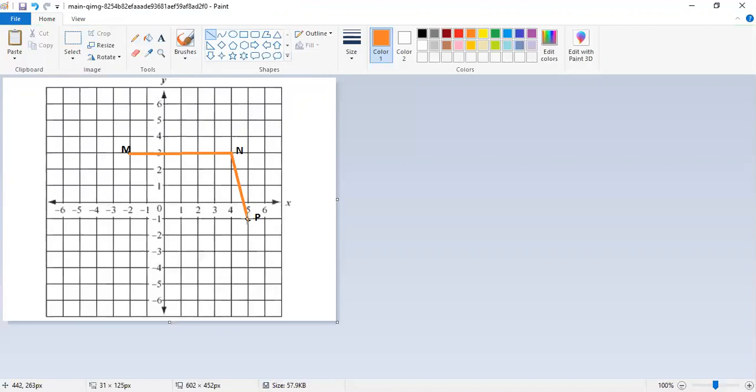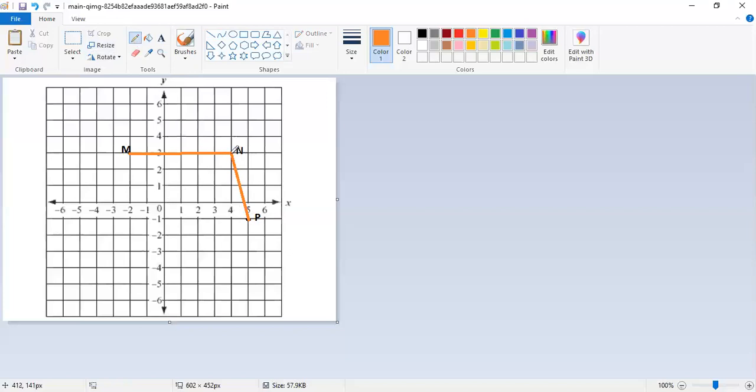Okay, now they said it is a parallelogram. So you know how a parallelogram looks. To join the other side, we need to check from here till here how many points we need to move. So we have to draw the other side.